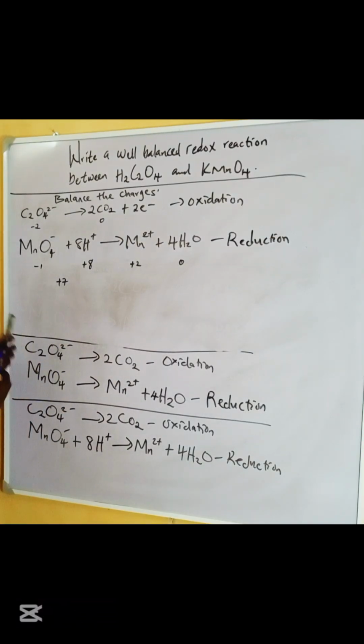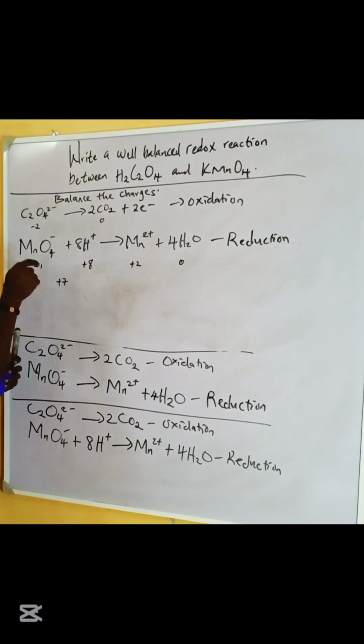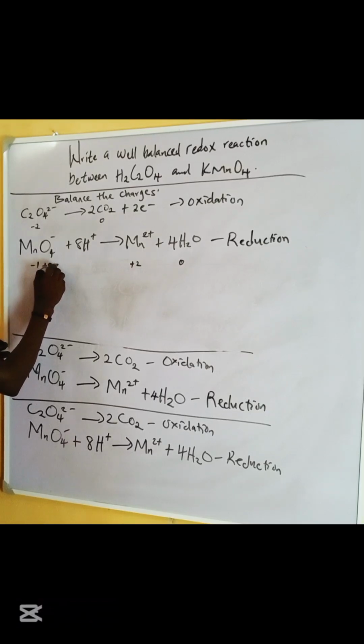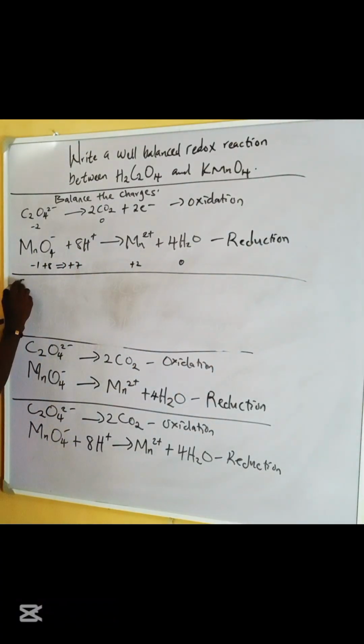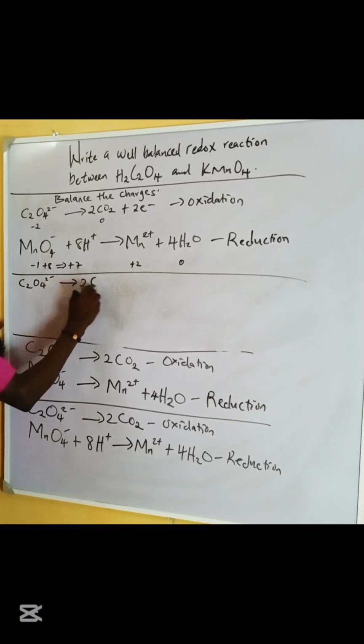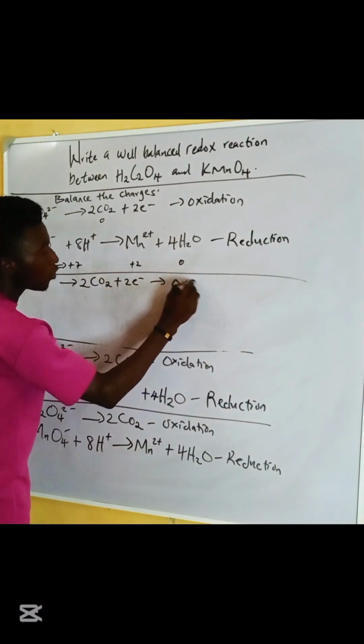So here I have +7. I'm going to add 5 electrons here to reduce this +7 to +2 in order to balance with this one. Minus 1 plus 8 gives me plus 7. So to balance that, I have C2O4 2- to give me 2CO2 plus 2e-, which is my oxidation.